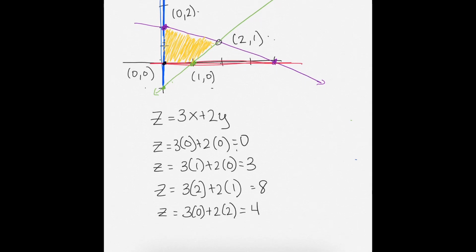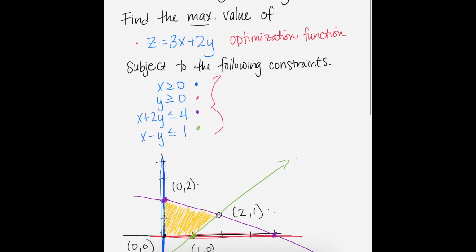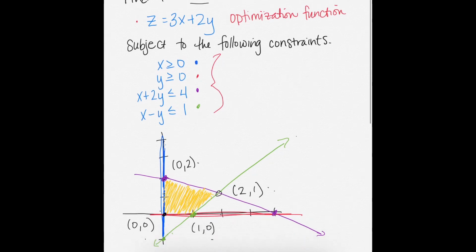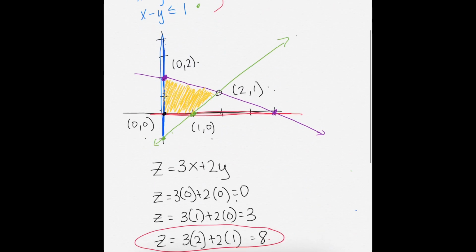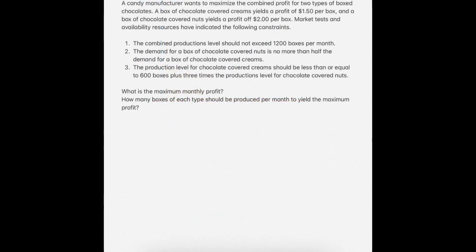So obviously, if I'm maximizing this function, this one right here gives me the max value for my optimization function. So that means that the solution here, which the question was, find the max value of z equals 3x plus 2y, given these constraints, then the max value would be 2, 1.